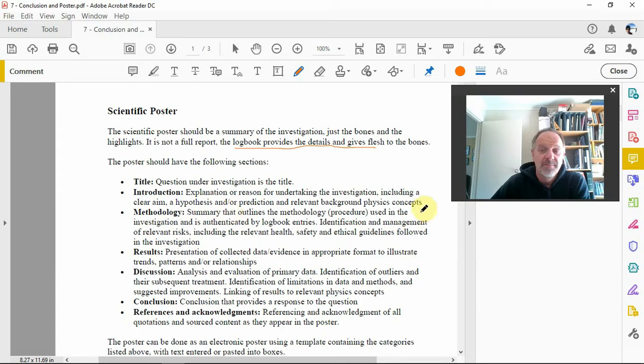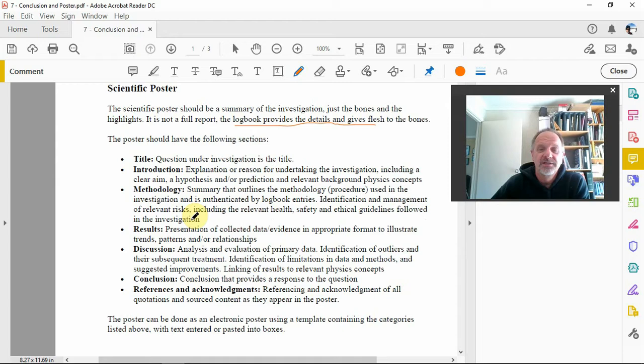A diagram, photo, whatever, of your apparatus setup helps a lot there. Your results, so we probably just want the main table with your values in it, your main graph. All right, discussion. Again, back in your logbook, you've done lots and lots of stuff on your discussion.